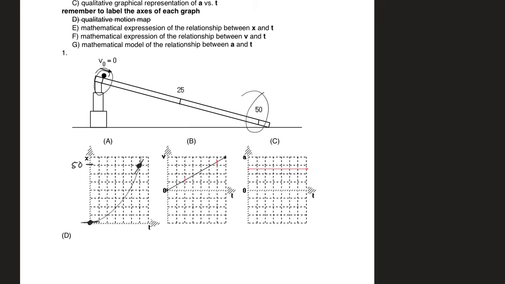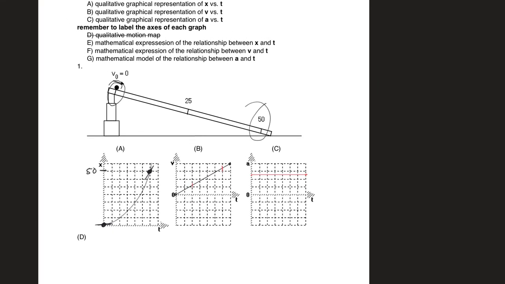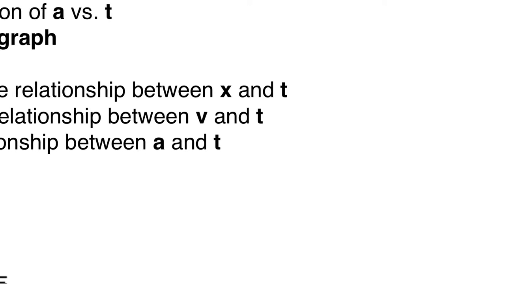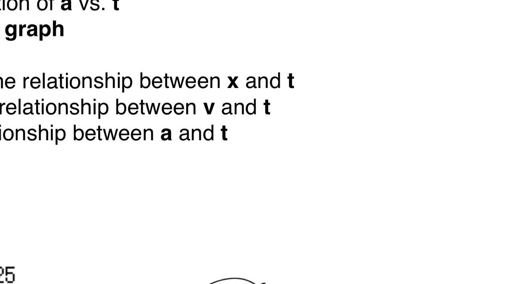Which brings me to questions E, F, and G. Mathematical expressions. We have just a couple that you have to worry about here. When I say mathematical expressions, we're talking about whether it's quadratic, linear, or constant. All I'd like you to do is say proportional to, that's what that symbol is, and t squared, or t, or constant.